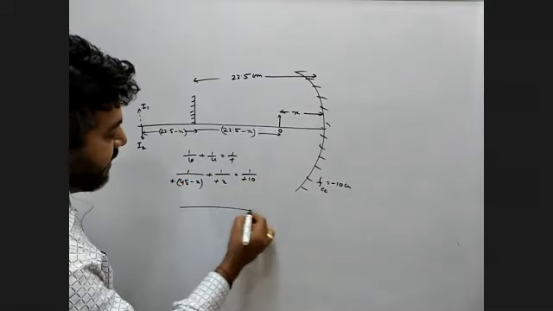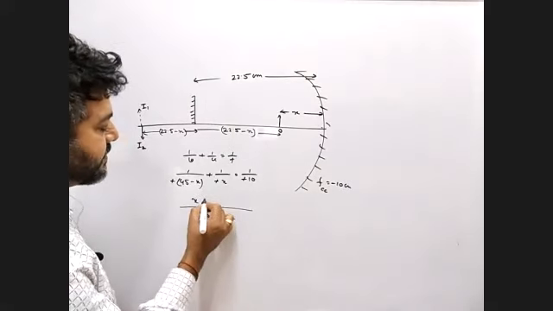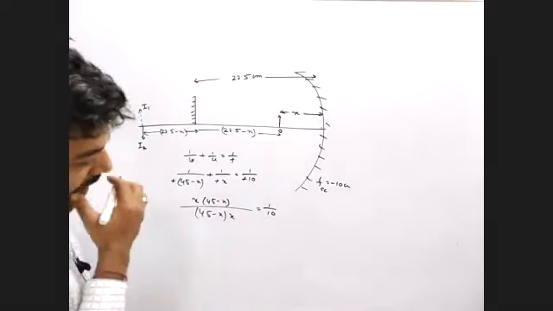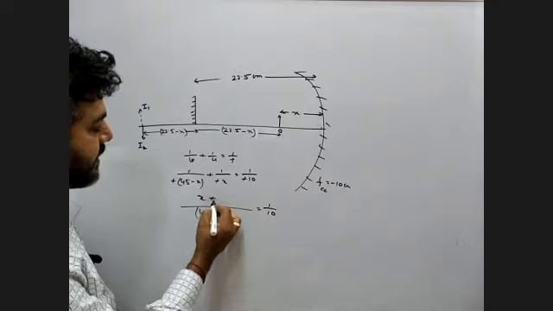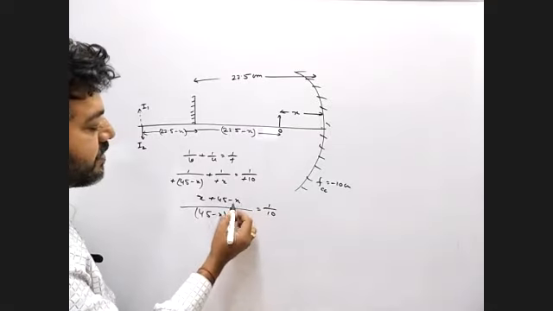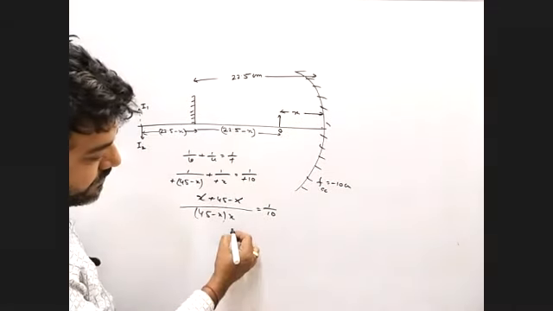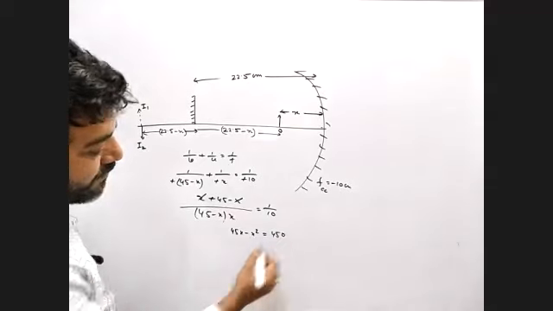So what we have, 45 minus x over x into 45 minus x is 1 by 10. So this cancel. So what you have, 45x minus x square is 450.